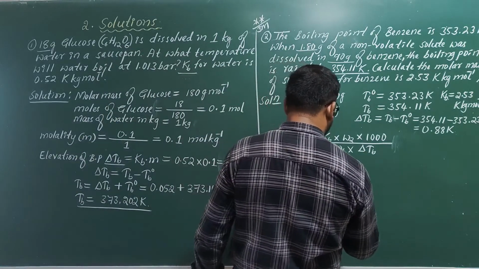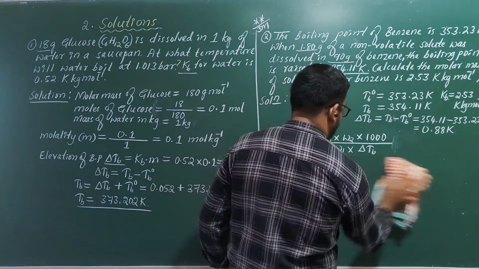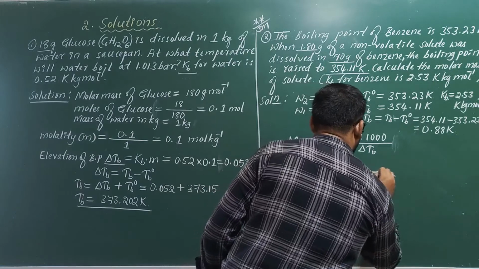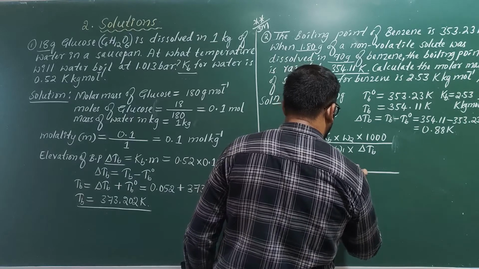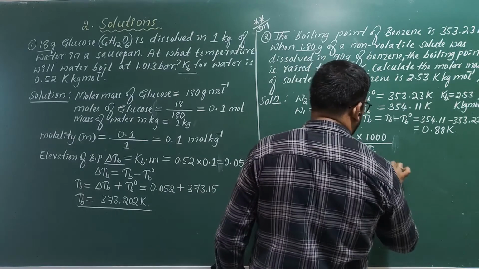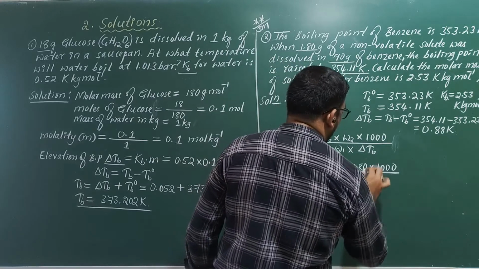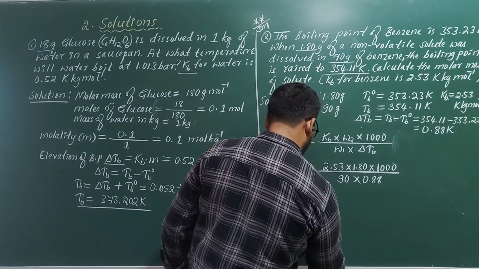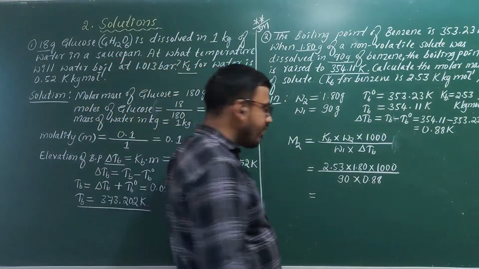What is the value of Kb? The Kb value is 2.53, into W2, which is 1.80 gram, into 1000 which is there in the formula, divided by W1, which is 90 gram, into the delta TB value, 0.88. Okay, if you solve this, you will get 57.5.